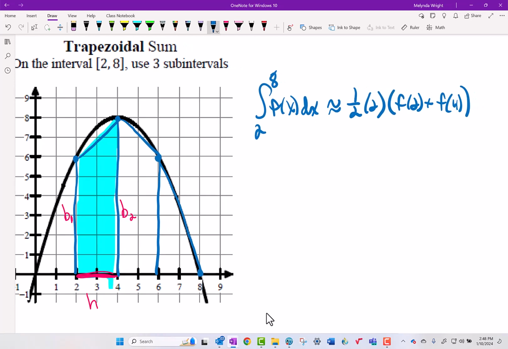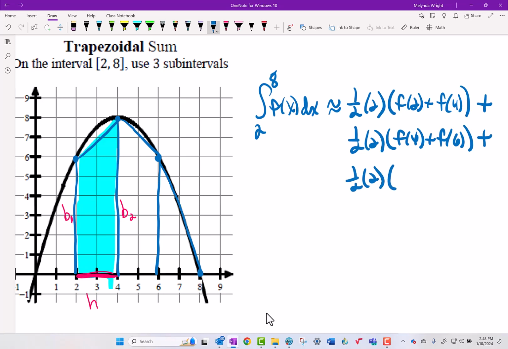Okay, plus. And just so that I can keep this graph kind of big, I'm just going to put the second trapezoid underneath, okay? Plus, then I have 1/2 times 2 times my next trapezoid is f of 4 plus f of 6. That would be my base 1 plus base 2. And then my third trapezoid, 1/2 times the same width, they're all width 2.